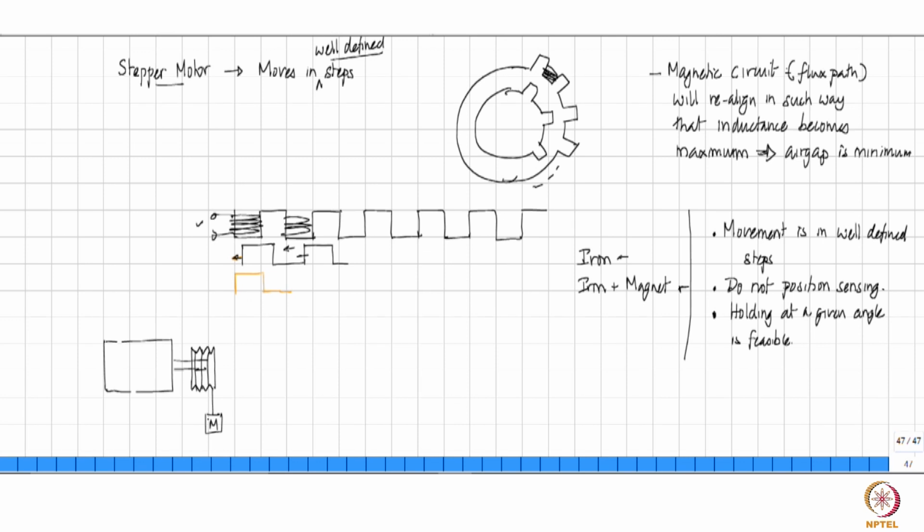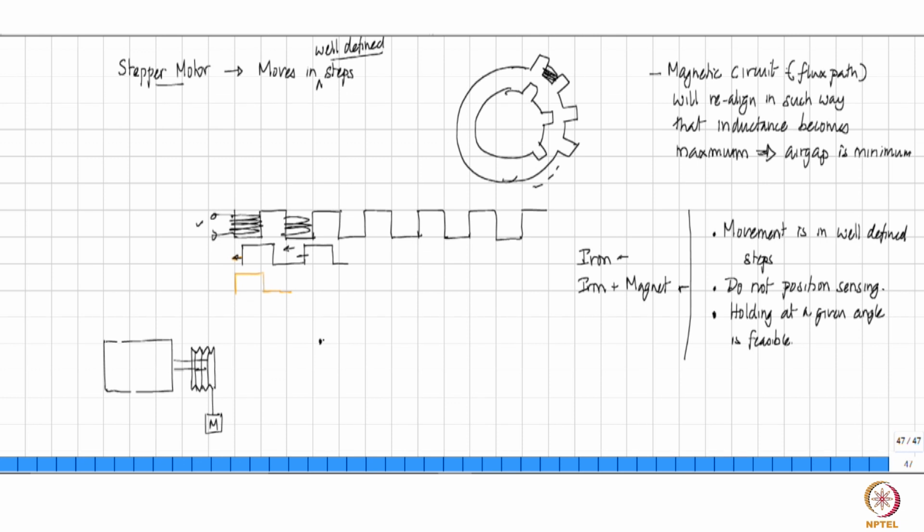Whereas here, if you are going to energize 1, 2, 3 and you want to stop, you just energize 3 and stop, right? You don't need to do anything else further. The motor will simply hold, right? So all this of course has to be within the ability of the machine. You cannot put something that is beyond the capability of the machine and say hold and expect it to hold. It will just give up, right?